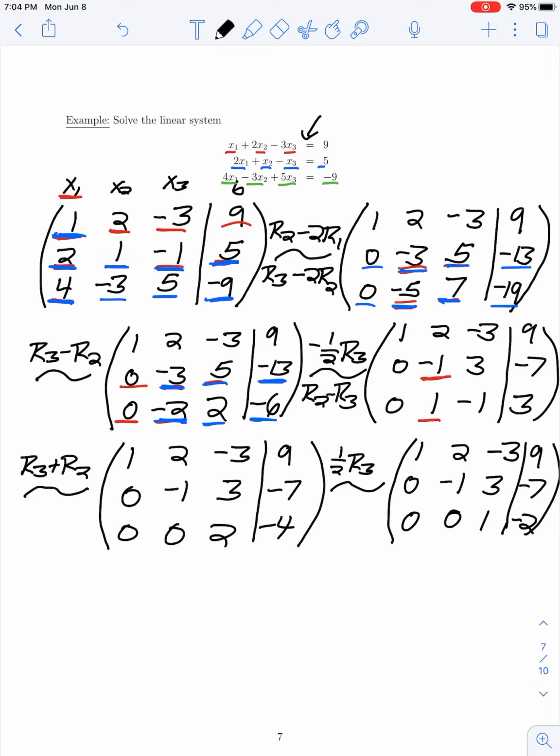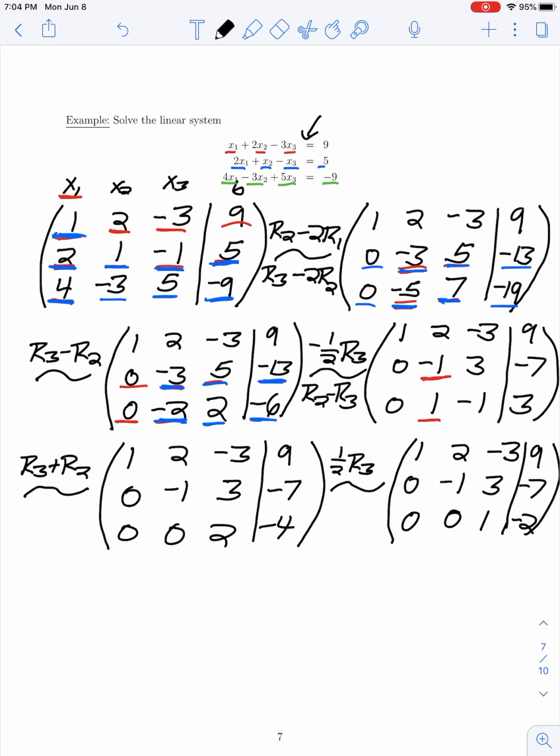So once we have our matrix in this form, we've got our solution from here. Let's think about what the rows of this matrix represent again.